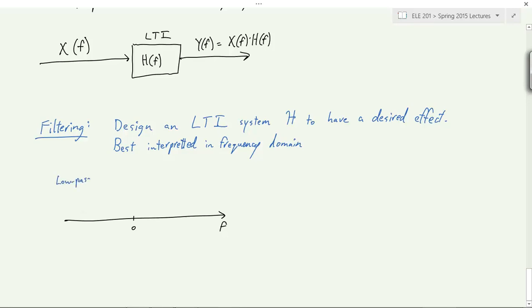Generally a low-pass filter means that its h of f will allow low frequencies to pass more than high frequencies. Maybe it has some cutoff frequency, fc, and if h of f is this shape, when you multiply it by x, things above the cutoff frequency will disappear, and you'll keep things in low frequency. So this is a low-pass filter.